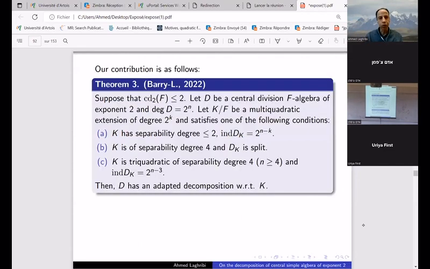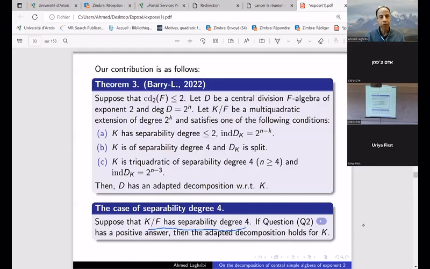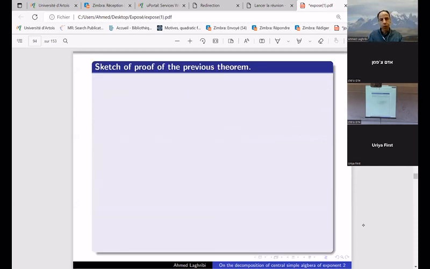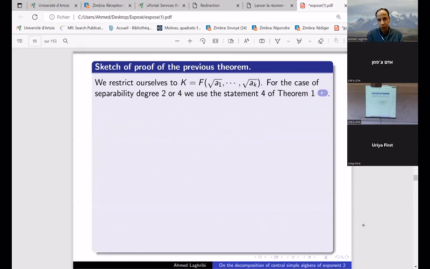So now I will give you an idea, a really very simple idea, of how to prove Theorem 3. I will not treat all three cases. I will restrict myself only to K a purely inseparable multi-quadratic extension. So, sketch of proof of the previous theorem. We restrict ourselves to K = F(√a1, ..., √ak).